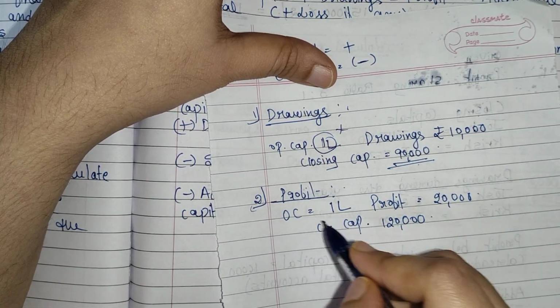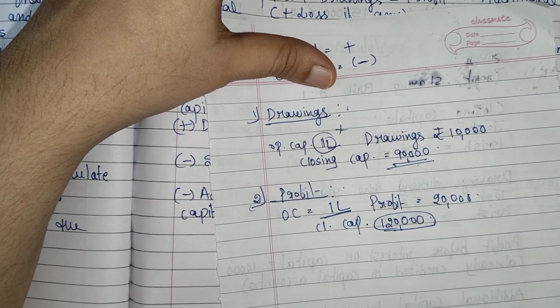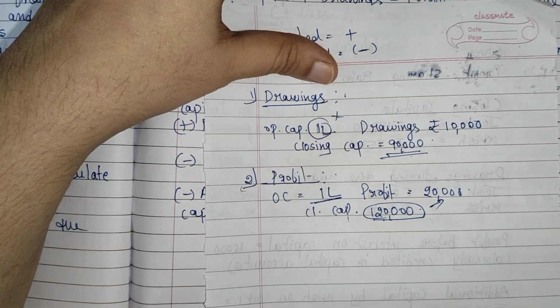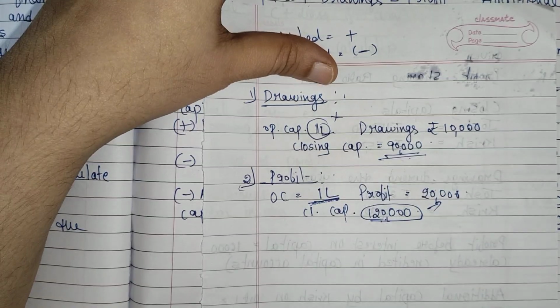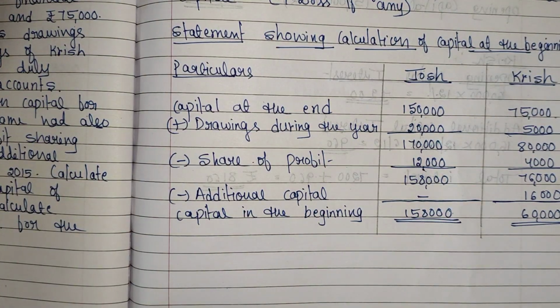Now to find out the opening capital from rupees 1,20,000, we must subtract the profit. So 1,20,000 minus 20,000, that is rupees 1 lakh. Clear? So I hope this is clear to you all.